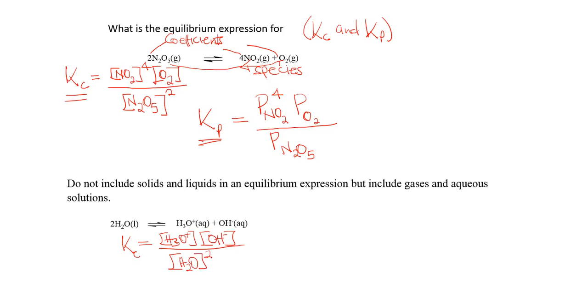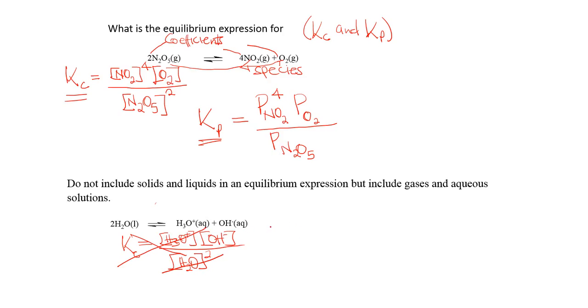you put your water. But because this one is a liquid, we can't include it here. So we get rid of this. All liquids and solids are taken as one in the expression. So this one is an incorrect way of writing the equilibrium expression for this problem.